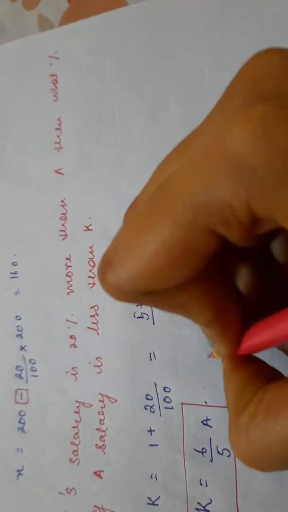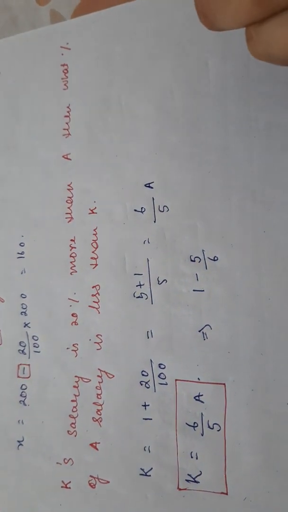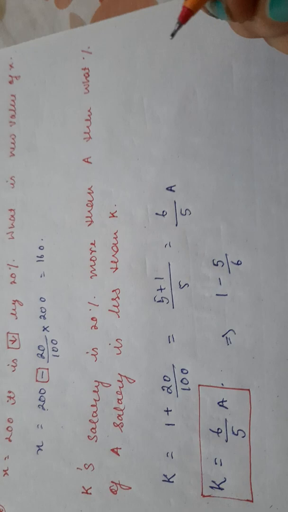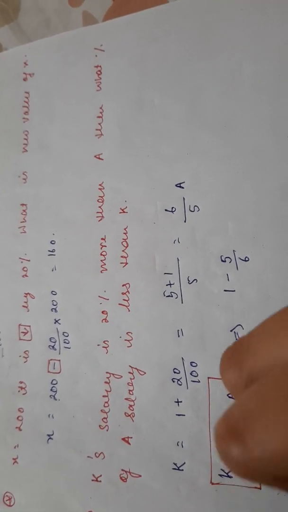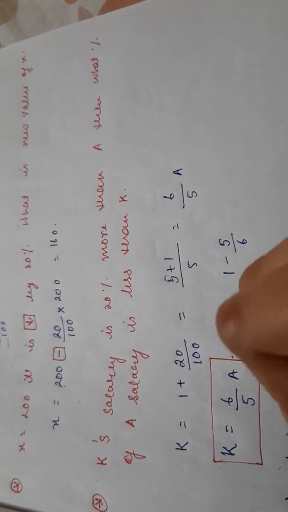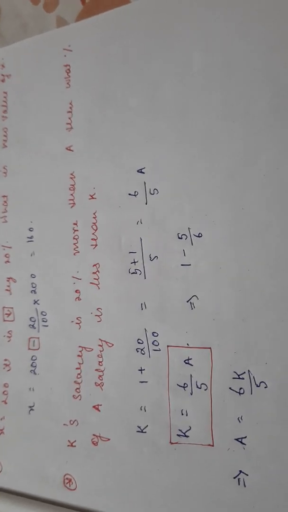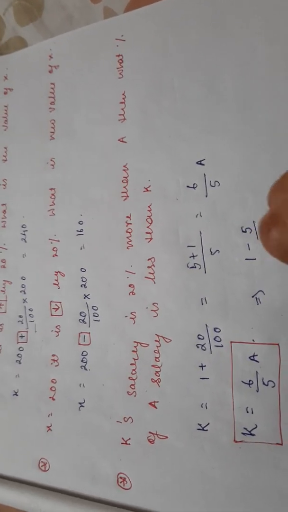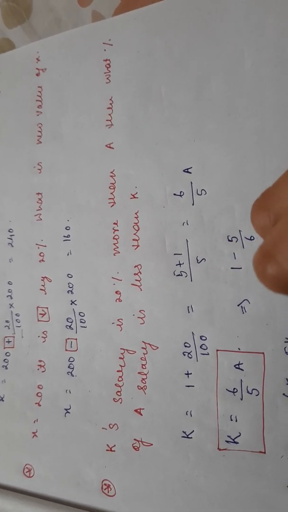Now what we will do? 1 minus 5 by 6. First of all, let me write one thing, that is, in terms of A, I will write A is equal to 6K by 5. A is equal to, I'm so sorry, A is equal to 5K by 6.